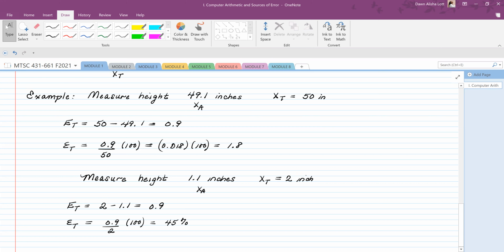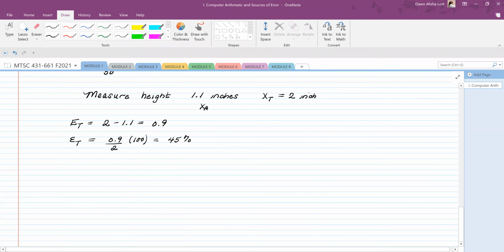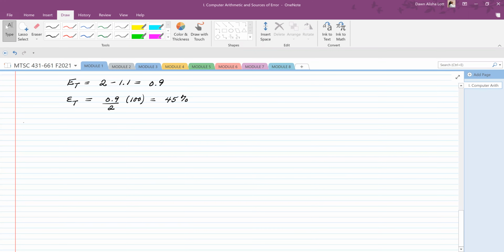All right, let's define round off error. Oh, so I want error propagation and numerical stability next.